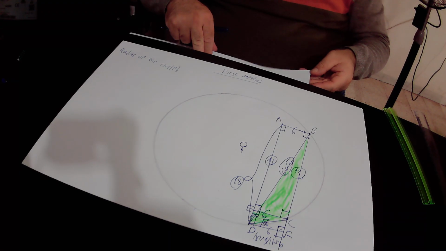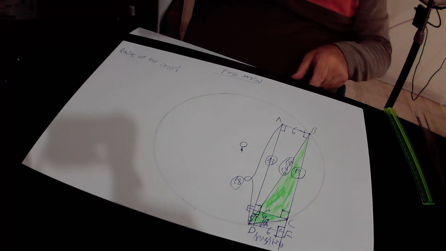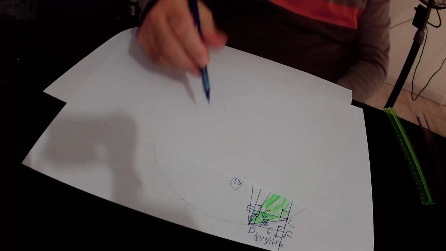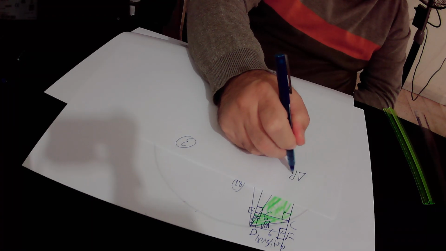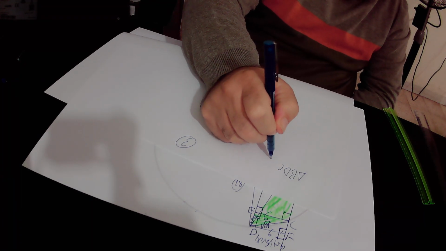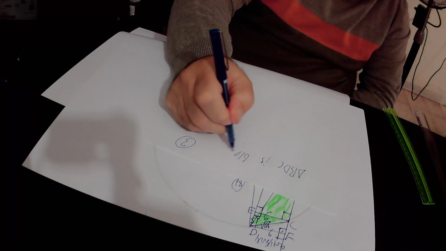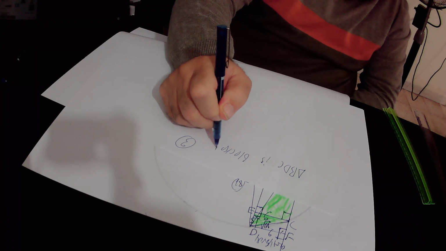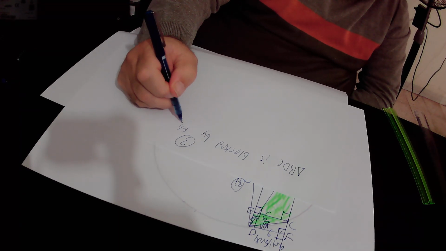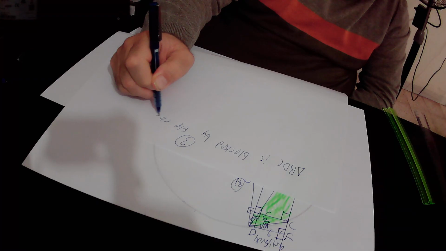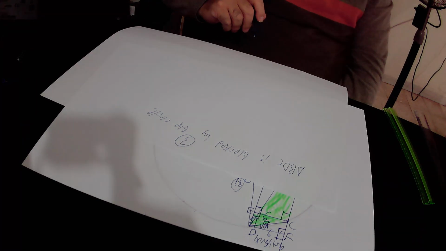So I write it down. The green triangle BDC is blocked or inscribed by the circle, and for that reason we can use rule number 1.